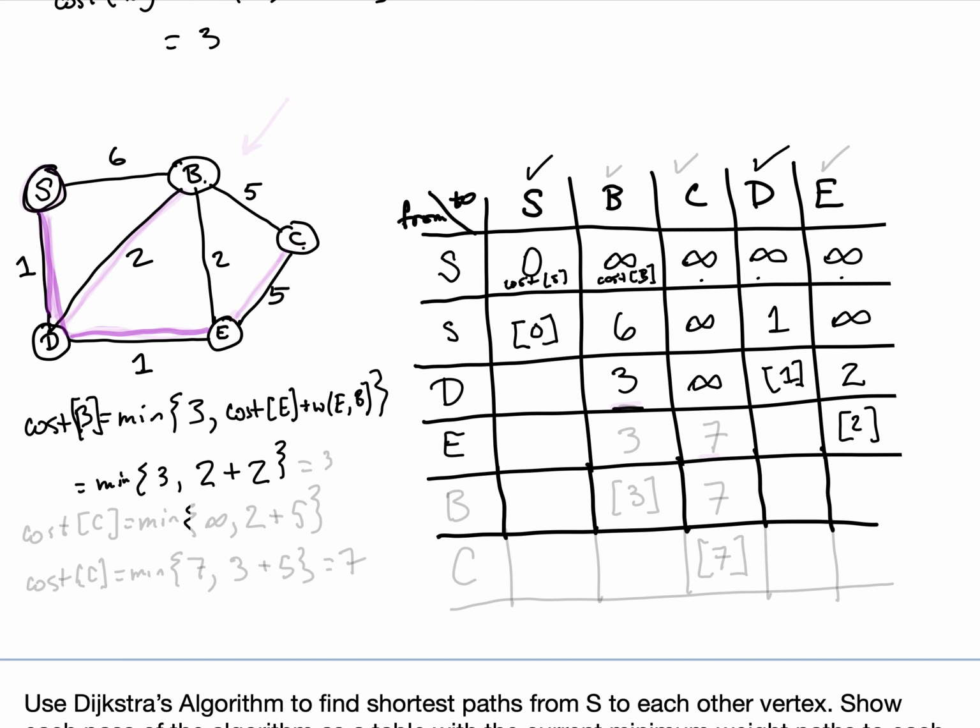And the minimum of 3 and 4 is 3. So that means we're not updating this value, we're leaving it as it is.